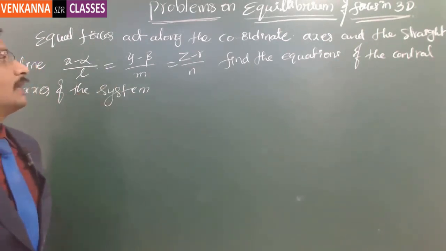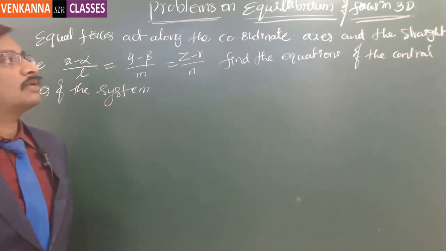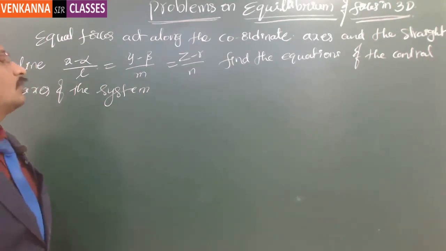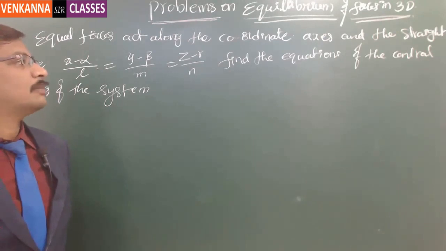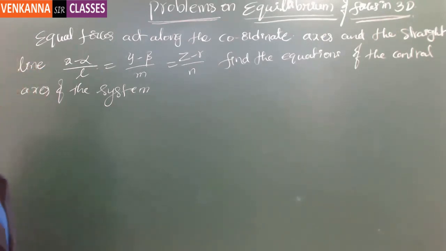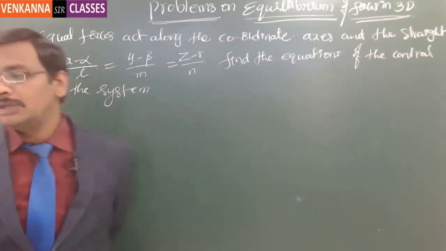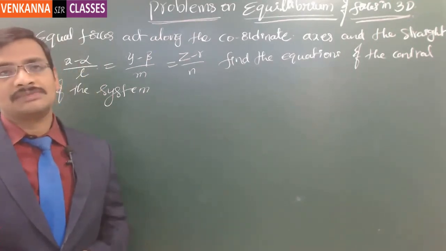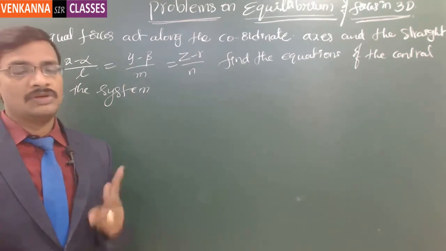Equal forces act along the coordinate axes and the straight line (x minus alpha)/L equal to (y minus beta)/M is equal to (z minus gamma)/N. Find the equations of the central axis of the system. Whenever we want to find the equations of the central axis, we have to be aware of two different aspects.